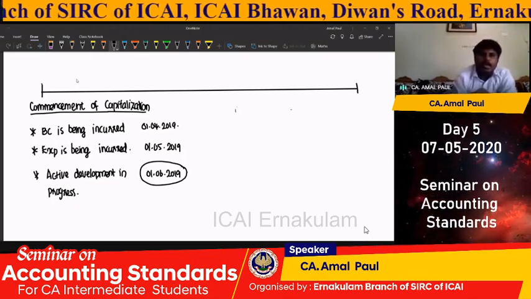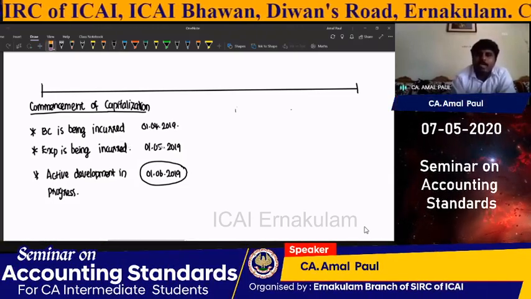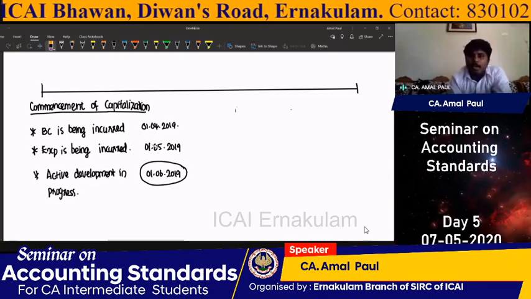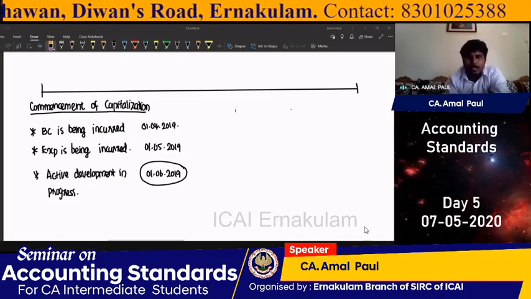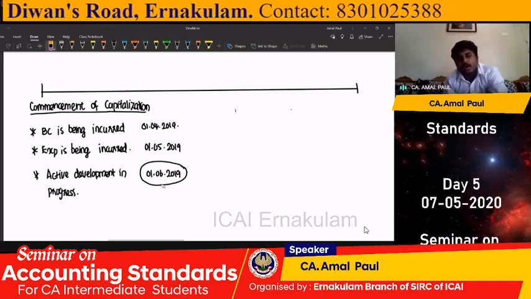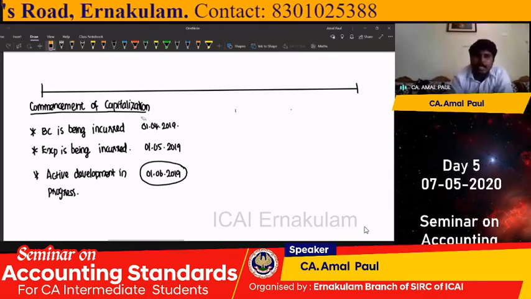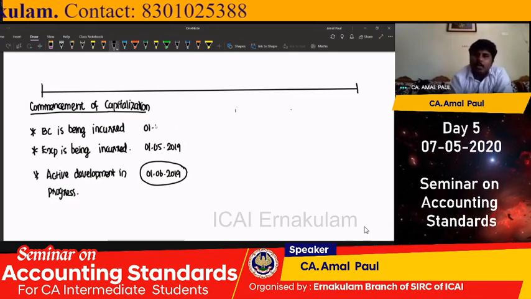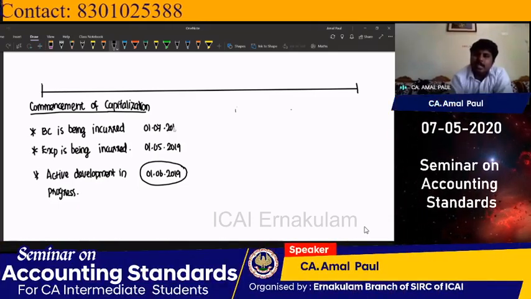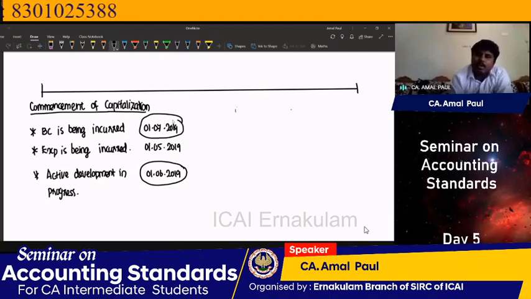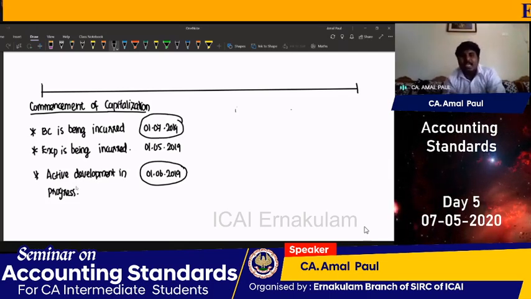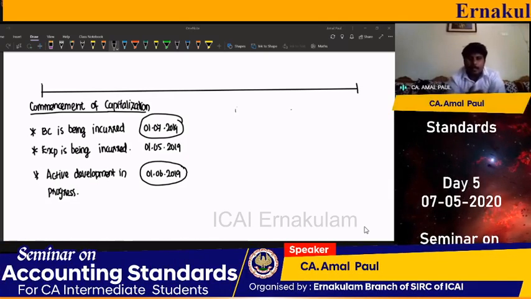Or in this case, you had given advance to the contractor only on 1/5/2019. Construction started on 1/6/2019, but you had taken a loan only on 1/7/2019. Then on this date only all these three conditions are satisfied. You should take this date as your commencement of capitalization.